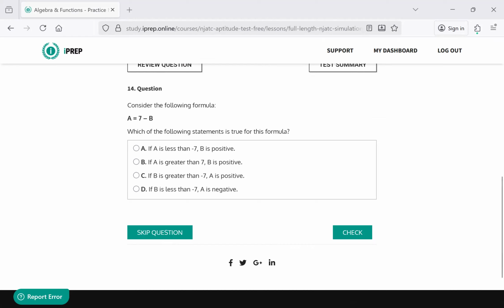If a is less than negative 7, then b is positive. If a is greater than 7, b is positive. If b is greater than negative 7, a is positive. If b is less than negative 7, a is negative.